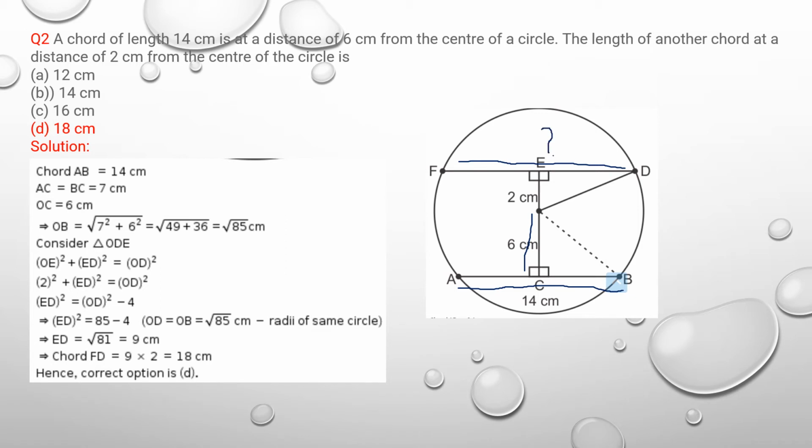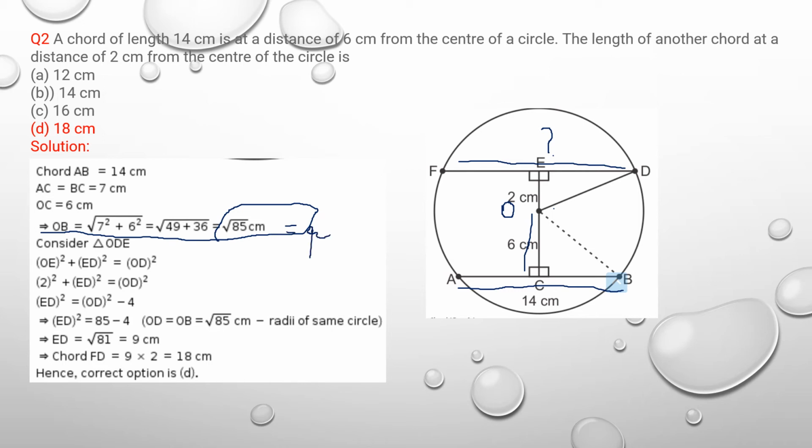Again, it is very easy. As in the previous problem, we calculated the radius, similarly here also we can calculate the radius. So OB will be your radius, and it is going to come equal to root of 85.